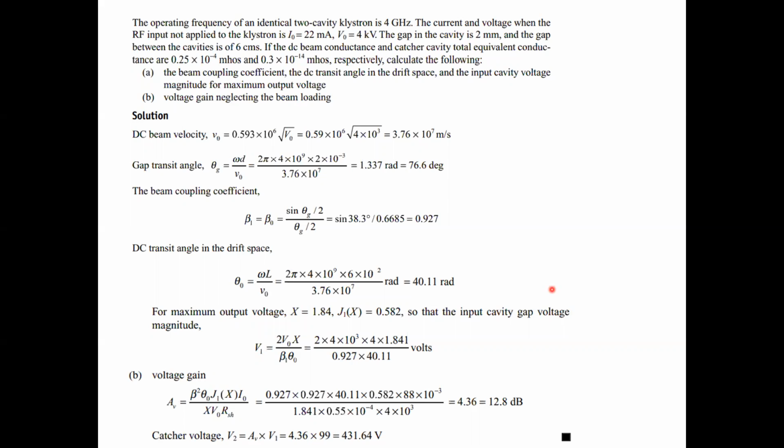And the beam voltage conductance and catcher cavity total equivalent conductance are 0.25 into 10 power minus 4 mho. Calculate beam coupling coefficient, DC transit angle, drift space, input cavity voltage magnitude for maximum output voltage gain, neglecting the beam loading.